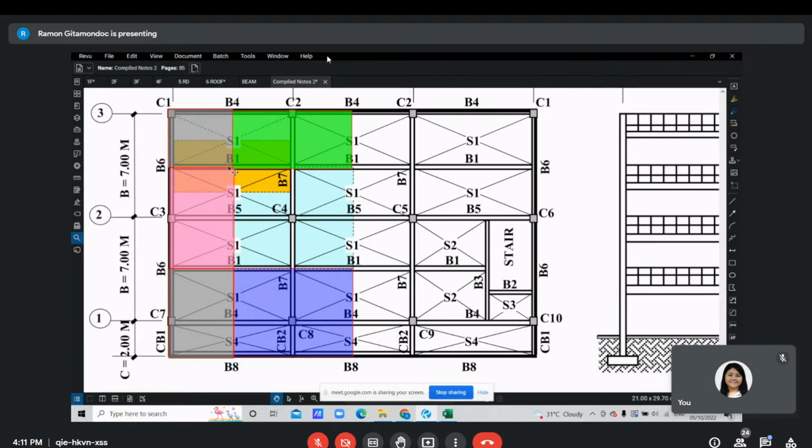So 1/4 of B1 will be part, no, sa tributary area sa C1. Marita sa C2, so tributary area will include a portion of slab S1 on the left side and a portion also of the slab S1 on the right side. You have beam B4, no, on its side and beam B7.